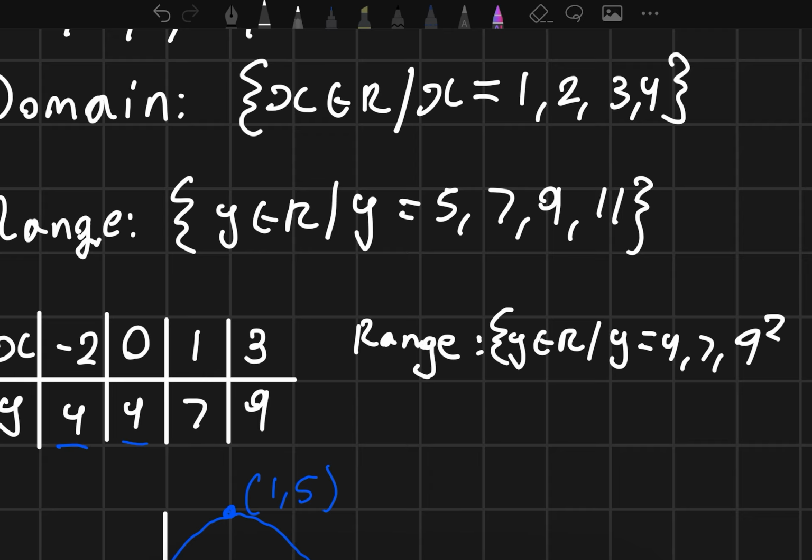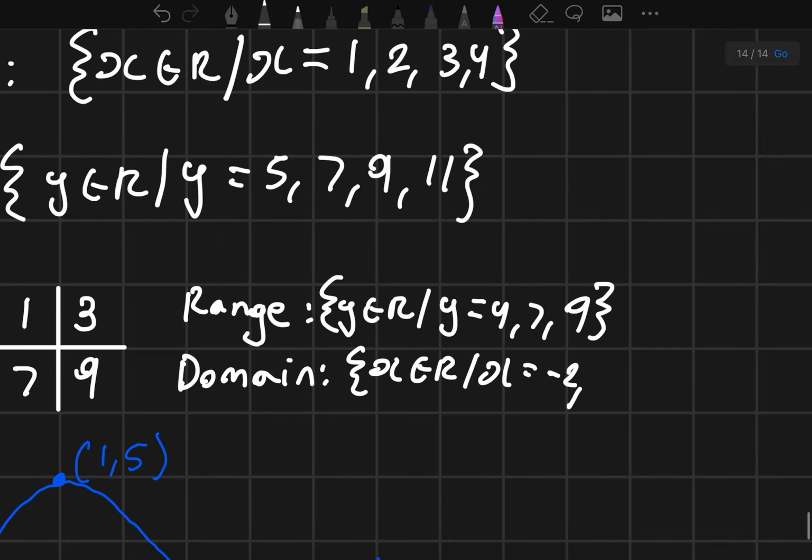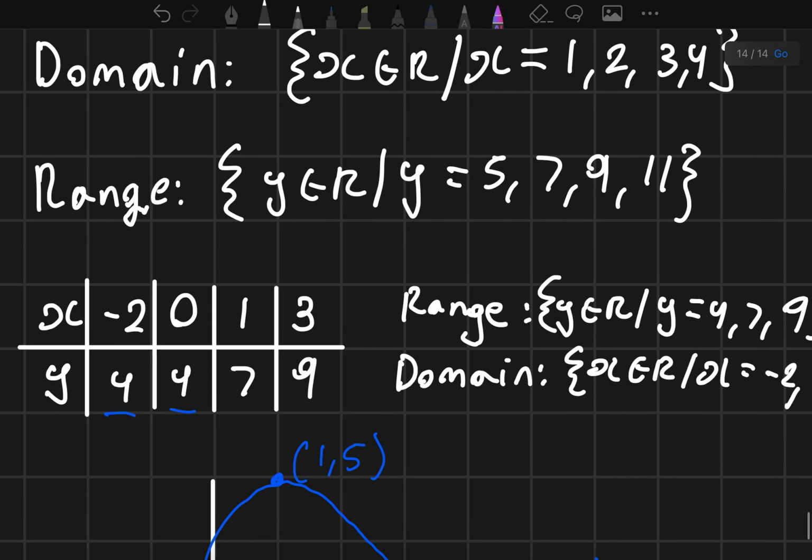You don't have to write repeated numbers multiple times. And here with the domain, we can just write all the numbers that are visible down: -2, 0, 1, and 3. So that's how you find the domain and range based on the table of values.